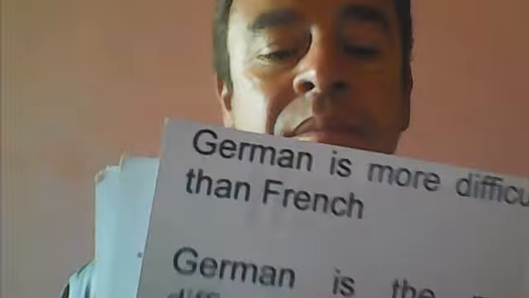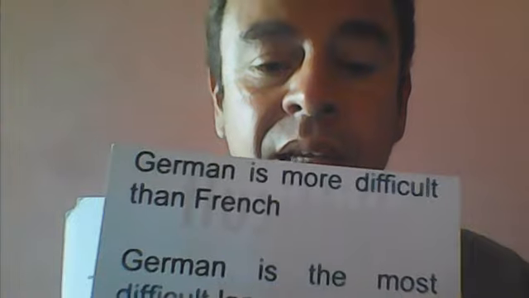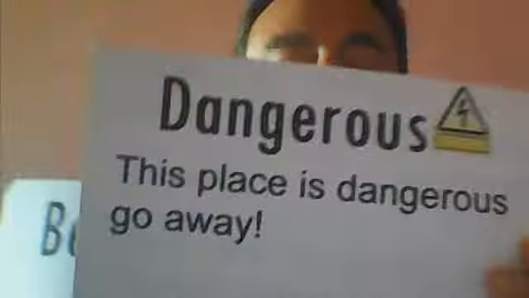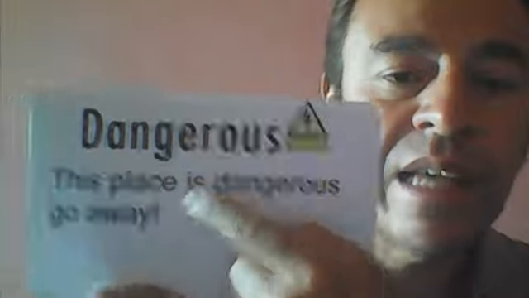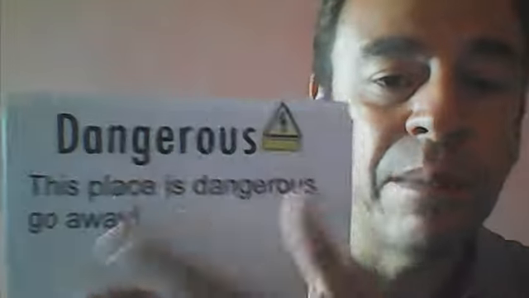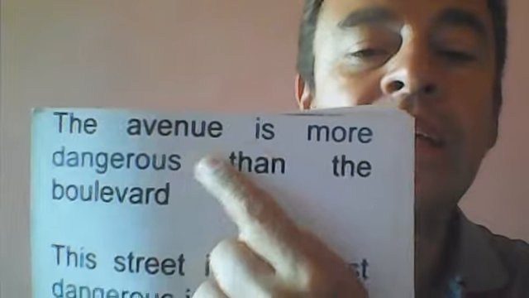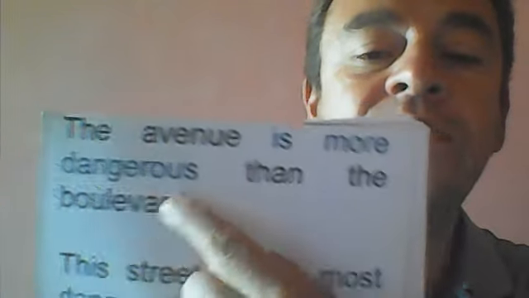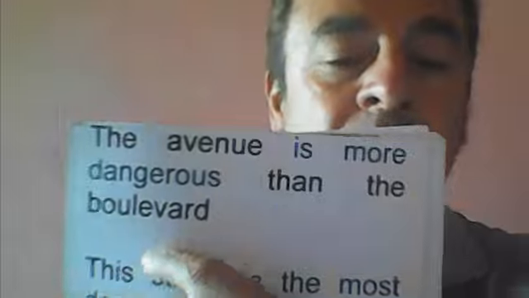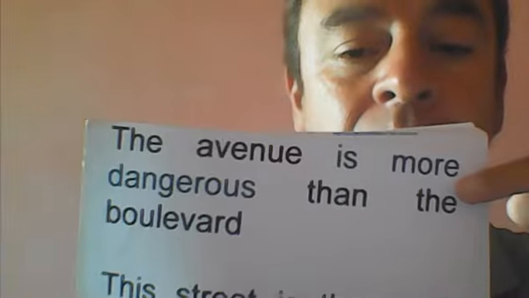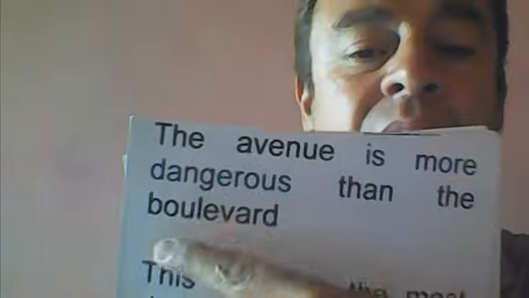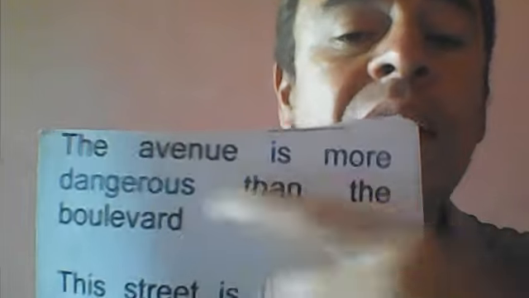Okay. Then let's work with another adjective. For example, dangerous. Long adjective, three syllables. Now, sentence example. This avenue is more dangerous than the boulevard. You use the word more, adjective dangerous, and the word than to compare two places or two things.